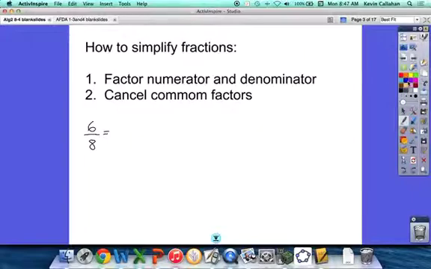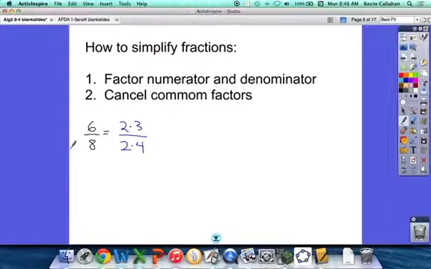6/8 is not a simplified fraction. If you remember, the only way you can simplify a fraction is to cancel common factors from the numerator and denominator. In this case, 6 has factors of 2 times 3, and 8 has factors of 2 times 4. Now remember what we mean by a factor.